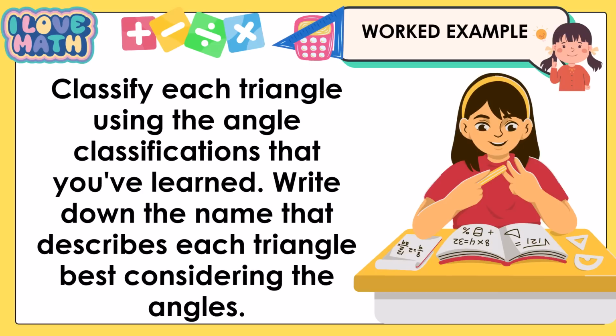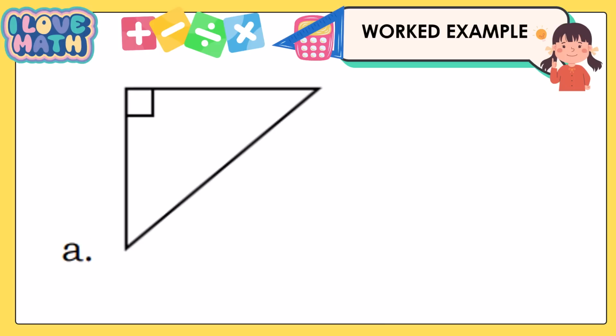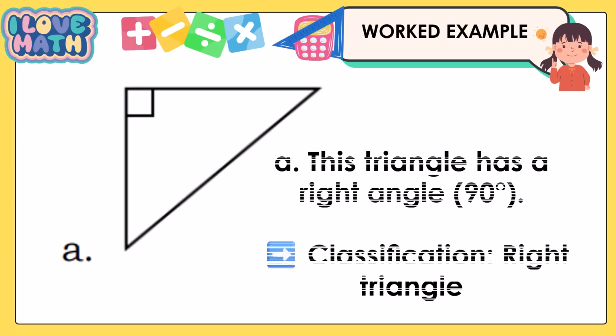Classify each triangle using the angle classifications that you've learned. Write down the name that describes each triangle, best considering the angles. Letter A. This triangle has a right angle, 90 degrees. Classification, right triangle.